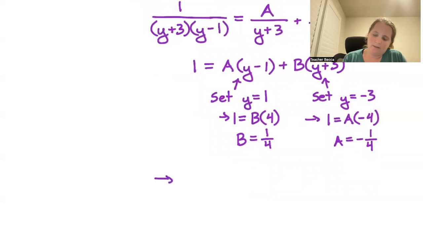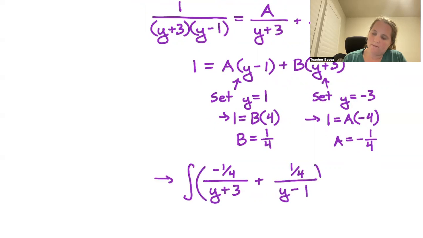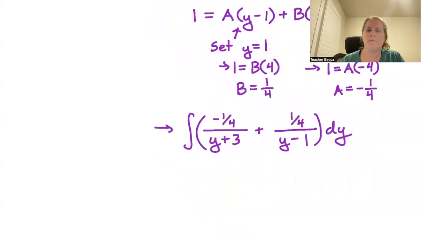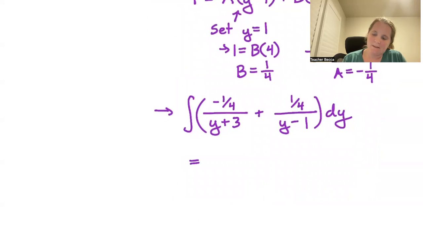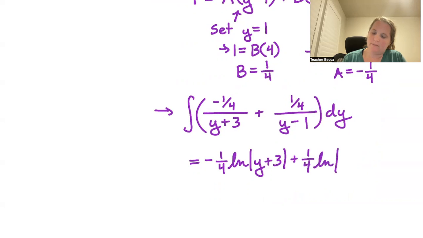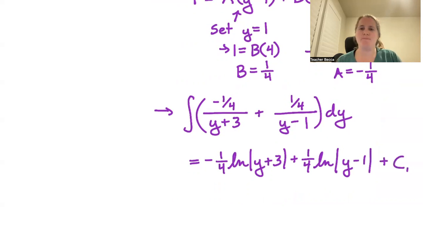So we are looking at the integral of -1/4 over y plus 3 plus 1/4 over y minus 1 dy. And that is simply -1/4 times the natural log of the absolute value of y plus 3 plus 1/4 times the natural log of the absolute value of y minus 1, and then plus, say, c1.